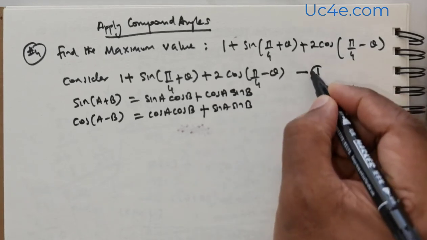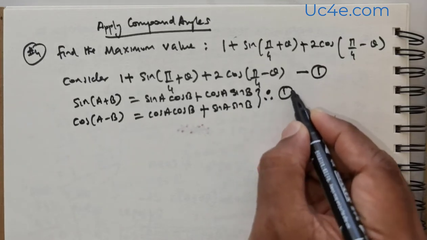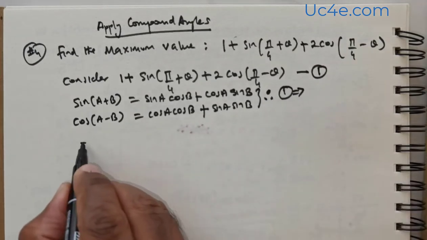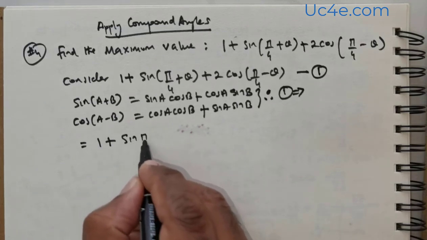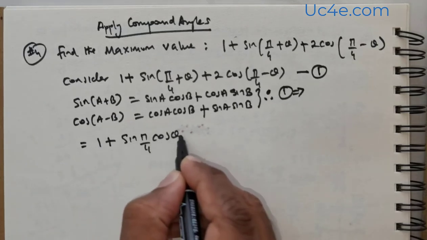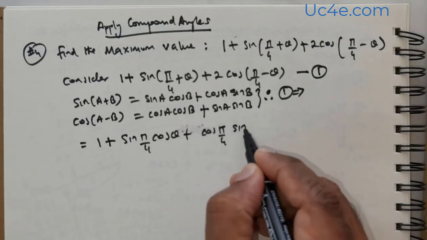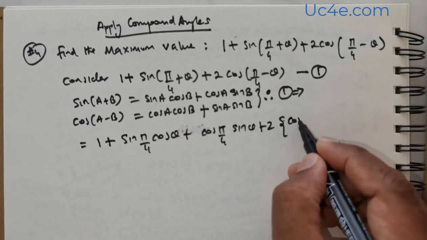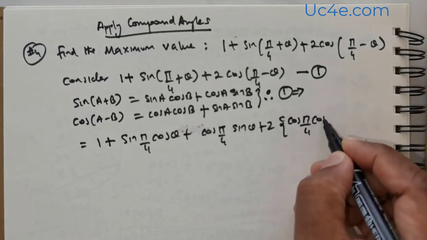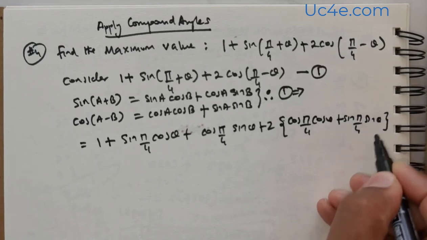So if I were to take this as 1, therefore I can rewrite it as 1 positive sine pi over 4 cos theta positive cos pi over 4 sine theta positive 2 times cos pi over 4 cos theta positive sine pi over 4 sine theta.